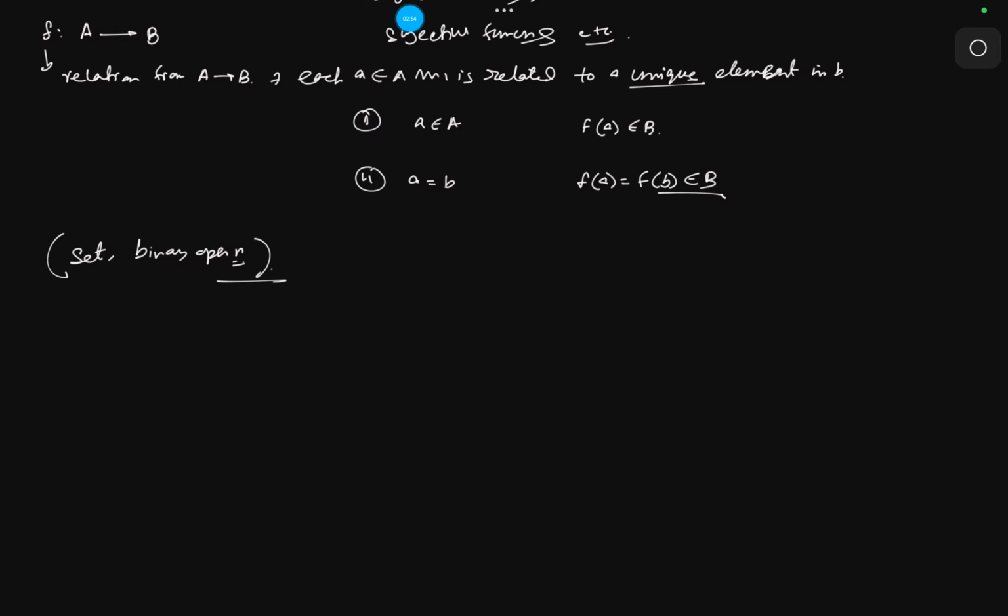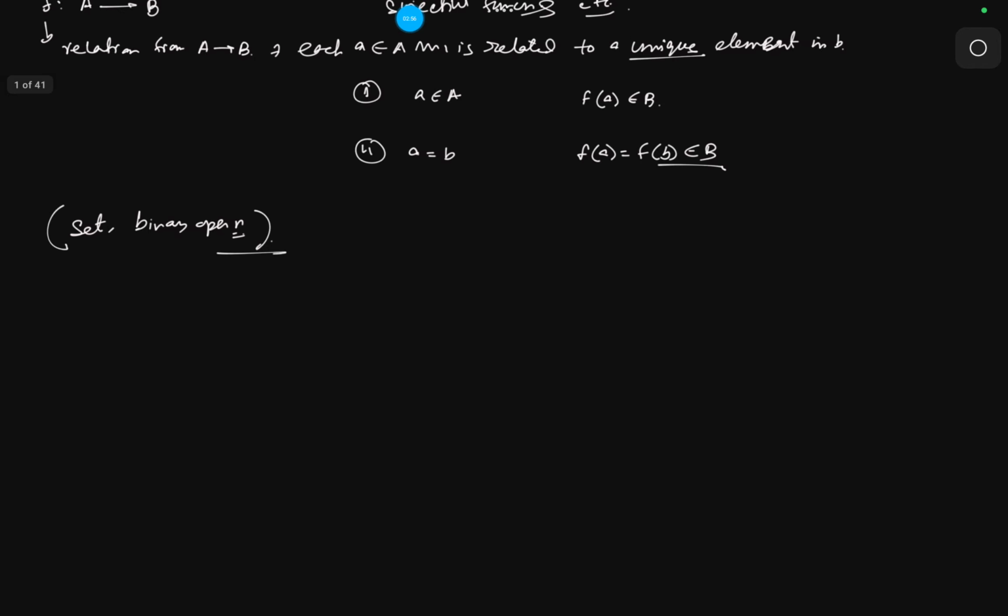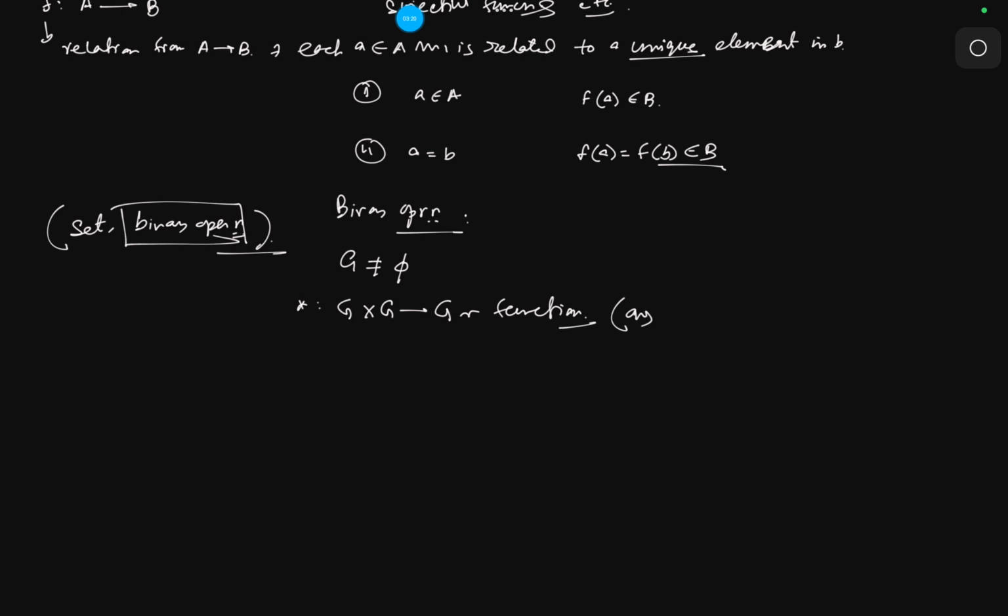Okay, so first of all, let us define what a binary operation is. Let's consider that G is a non-empty set and star is a mapping from G cross G to G, a function, maybe any function.